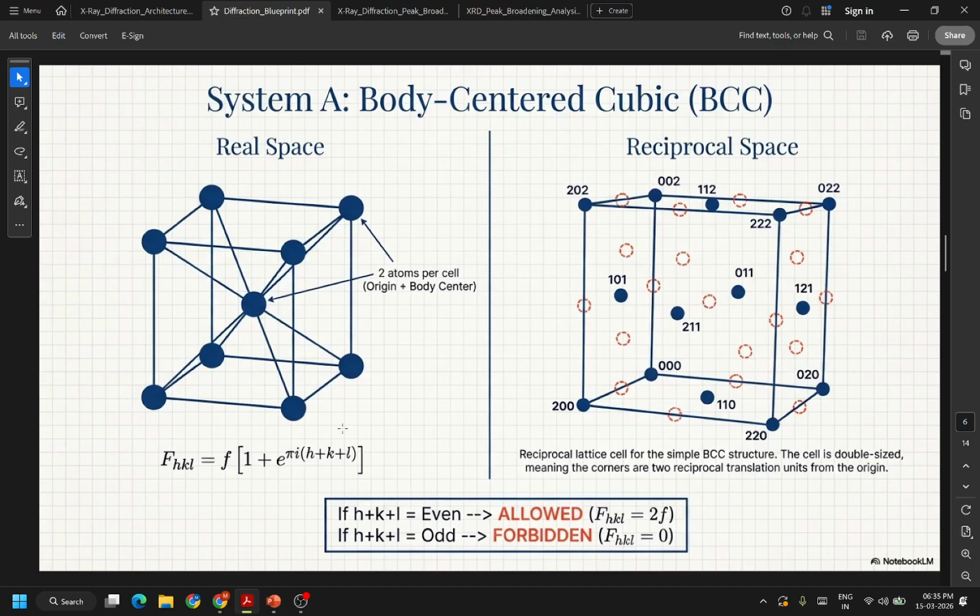For body centered cubic, the formula would be F_hkl equals f times (1 plus e^(iπ(h+k+l))). If h plus k plus l is even, these are allowed peaks where F_hkl becomes 2f. If h plus k plus l is odd, these are forbidden peaks where F_hkl is 0.